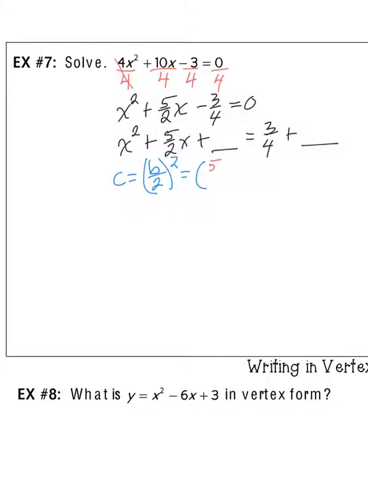So I'm going to take my b, which is 5/2, but instead of dividing by 2, I'm going to multiply by a half because it's the same thing. And so I end up getting 5 over 4 squared, which is 25 over 16. So that is what I'm adding to both sides.